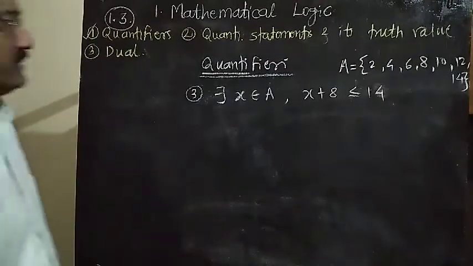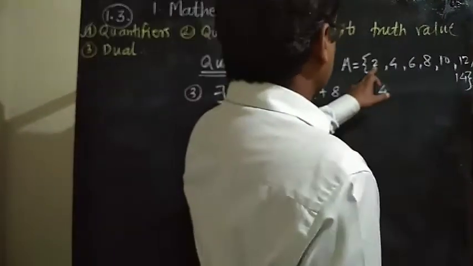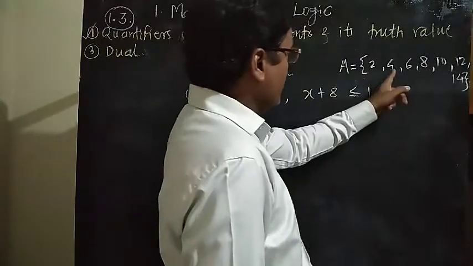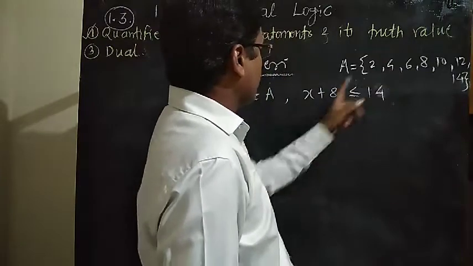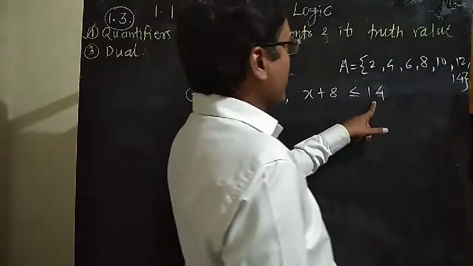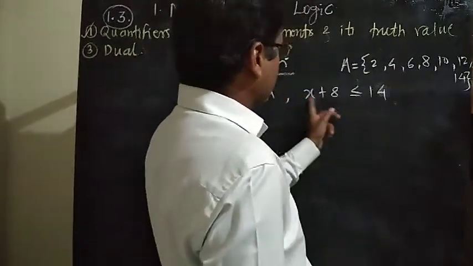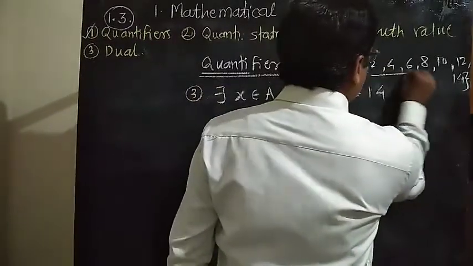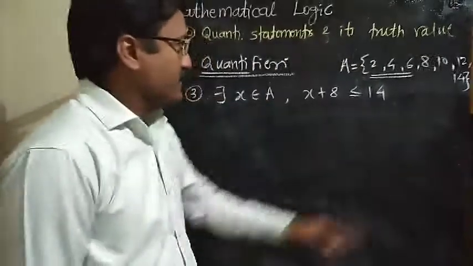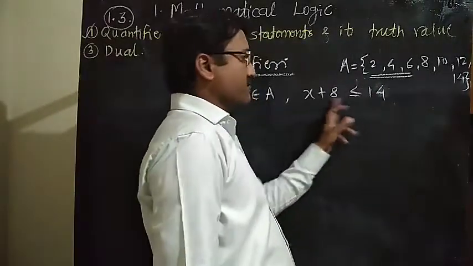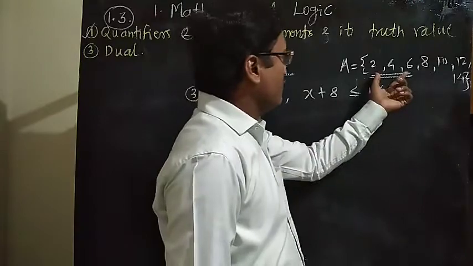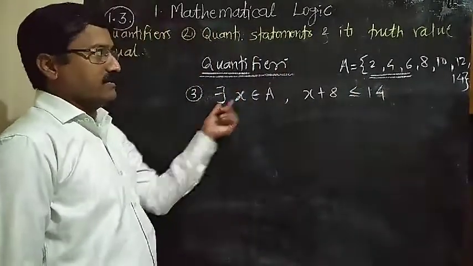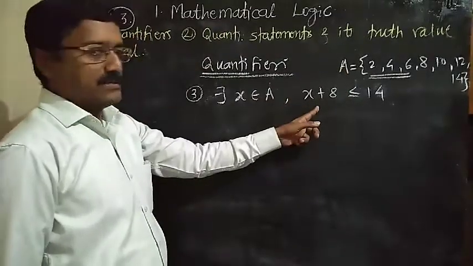If we add 2 to 8, we get 10, which is less than 14. If x is 4, then 8 plus 4 is 12, which is less than 14. If you take 6, then 8 plus 6 is 14, which is equal to 14. If you take 8, then 8 plus 8 is 16, which is not less than or equal to 14. So only these three numbers, 2, 4 and 6, satisfy this condition, and they exist in set A.